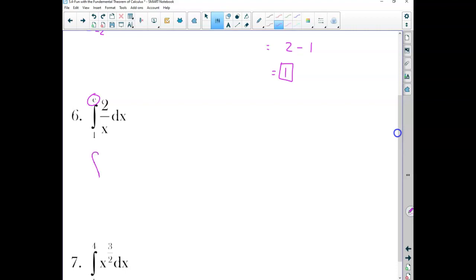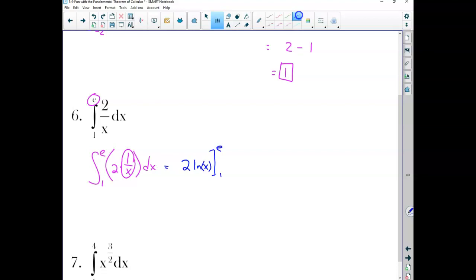So I might want to look at this guy as the integral from 1 to e of 2 times 1 over x dx. When did I get that for a derivative? Well, we got that for a derivative out of a natural log. And then I evaluate that guy from e to 1.